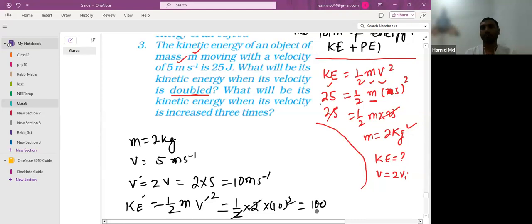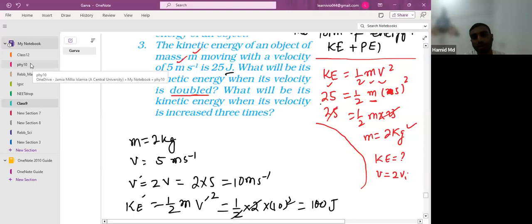The unit of energy is joule. So Rumeza, your answer was different, right? Yes, sir. Did you understand where you were making the mistake? Yes, sir, understood.